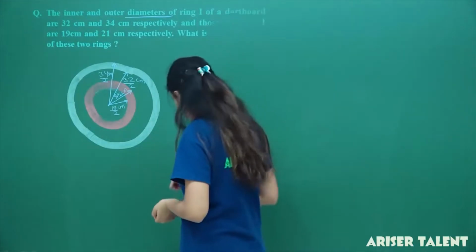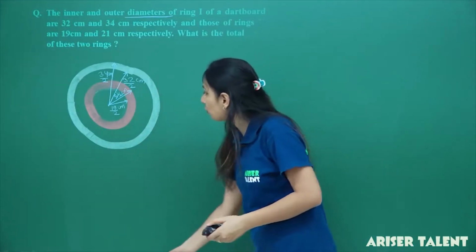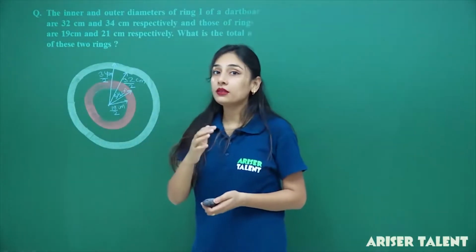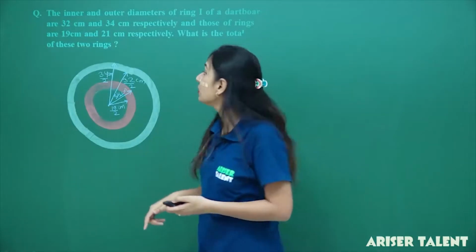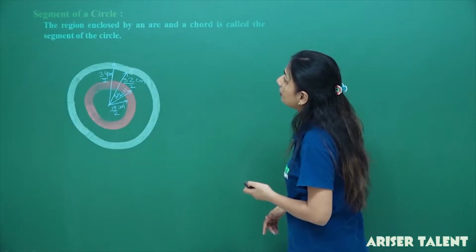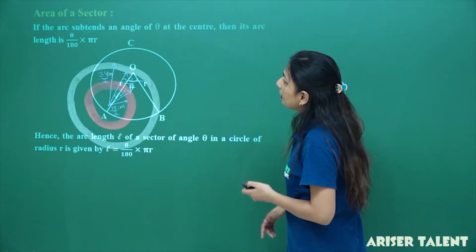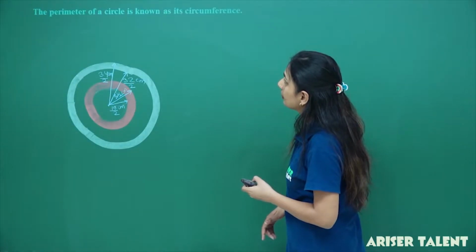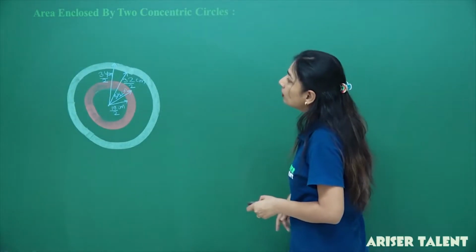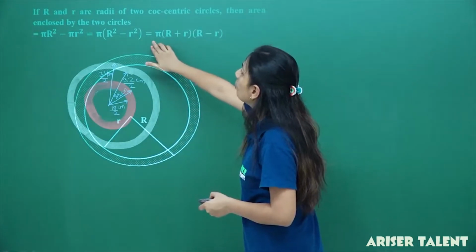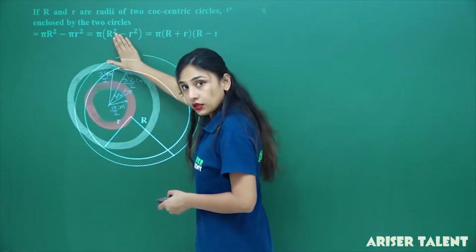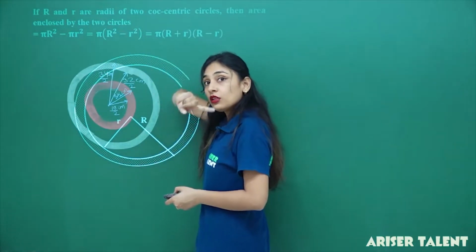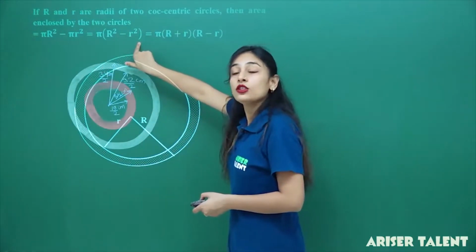Okay students, what I have taught you in my previous lecture with those papers is the area enclosed by two concentric circles. Here I have told you that it is pi R square, capital R square, the radius of the bigger circle, minus small r square.